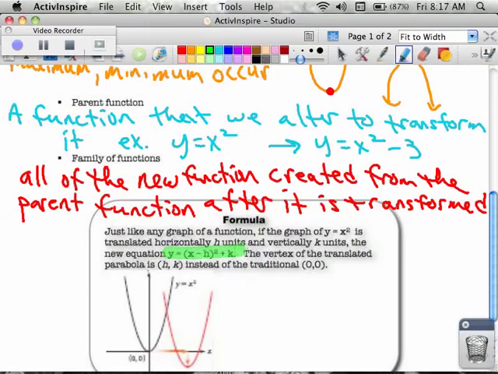And the h and the k are where your vertex are. So they talk about this hk thing. That's the vertex. So usually if we just have y equals x squared, that's at 0, 0, because there's no h, no k that we can see. And when we move it around, then that thing changes.